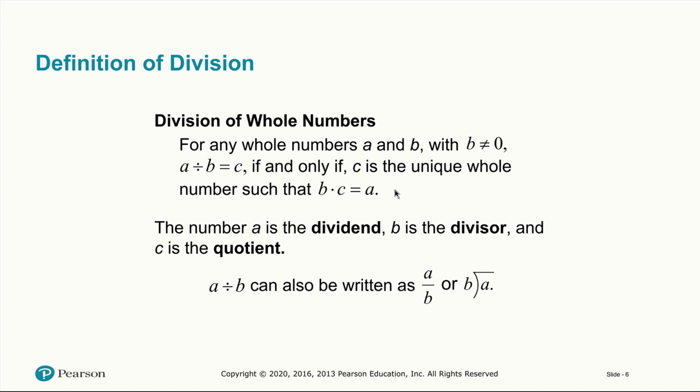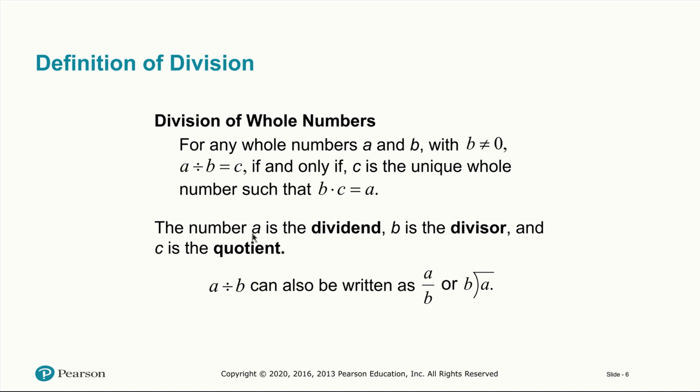We formally define division of whole numbers using the missing factor model. We say for any whole numbers a and b with b not equal to 0, in other words, we can't divide by 0, a divided by b equals c if and only if c is the unique whole number such that b times c equals a.